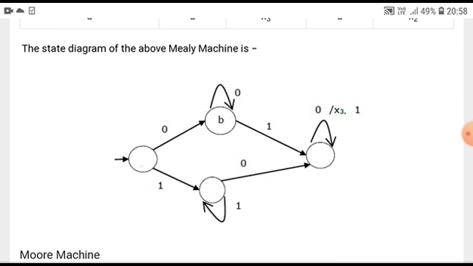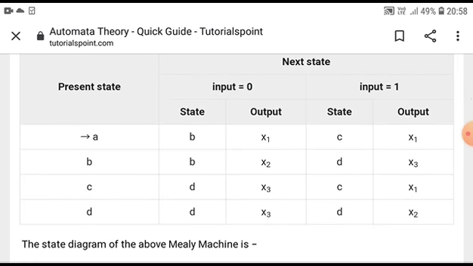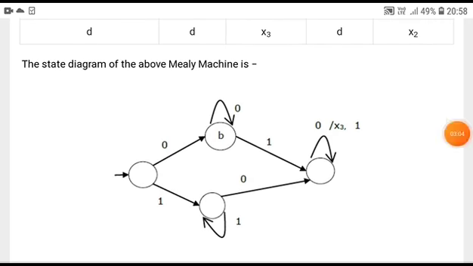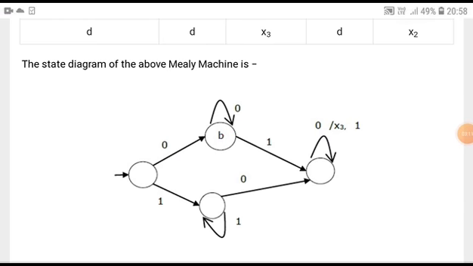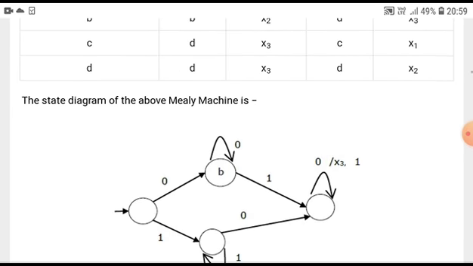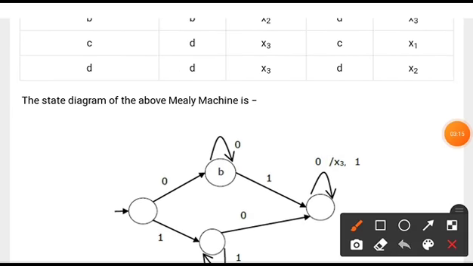B on getting input 0 goes to B and produces an output x2. And B on getting input 1 goes to D and produces an output x2.